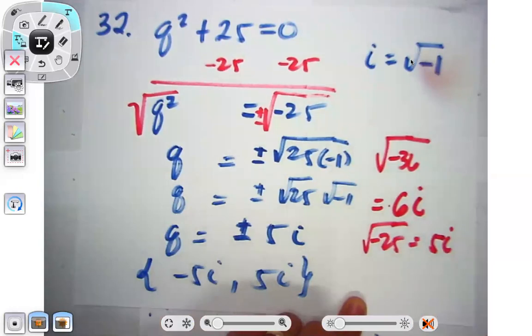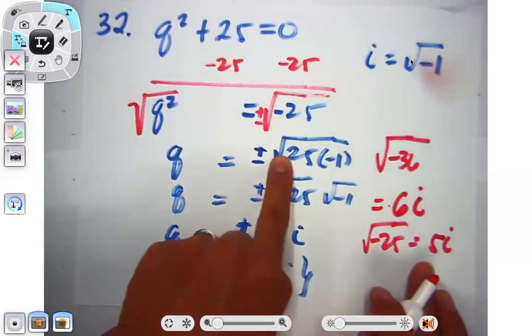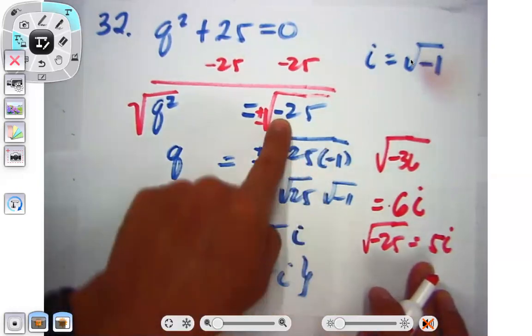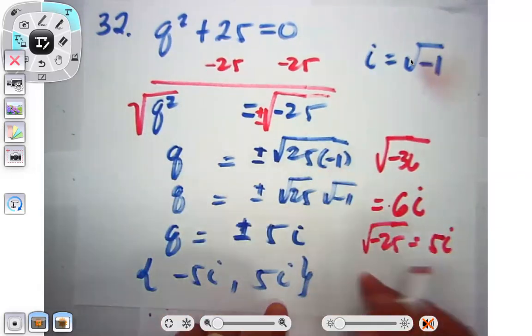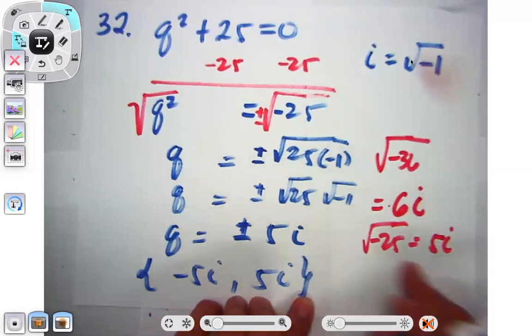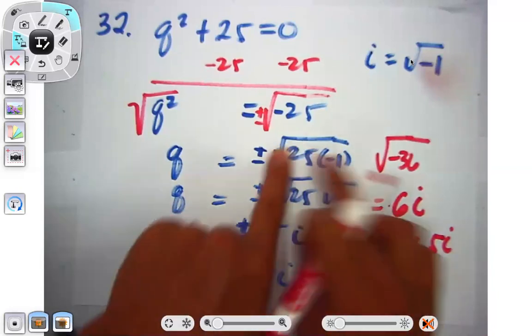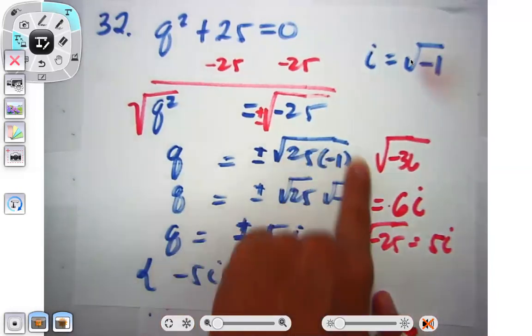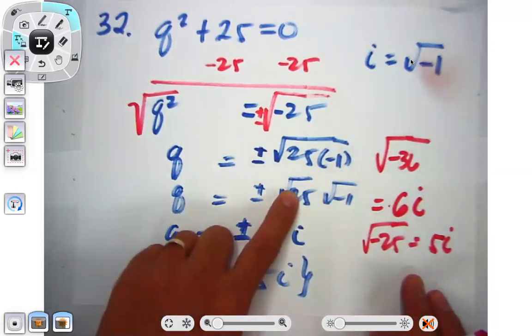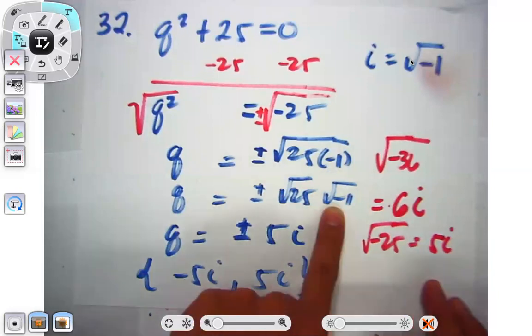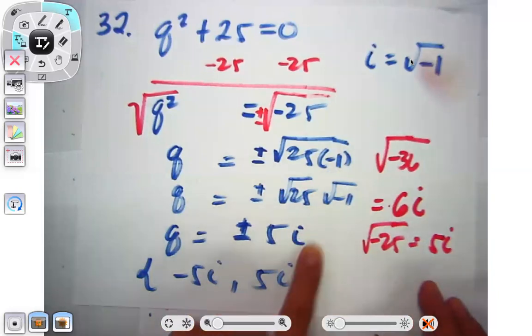If you want to show your complete solution why it's i, then you have to do this. You factor negative 25, you have 25 times negative 1. Use the properties of a square root. You can rewrite square root of 25 times negative 1 as square root of 25 times square root of negative 1. Then square root of 25 is 5. Square root of negative 1 can be written as i.